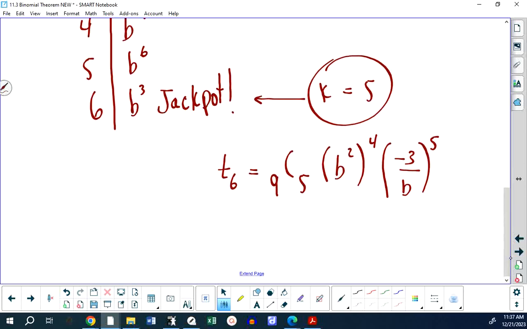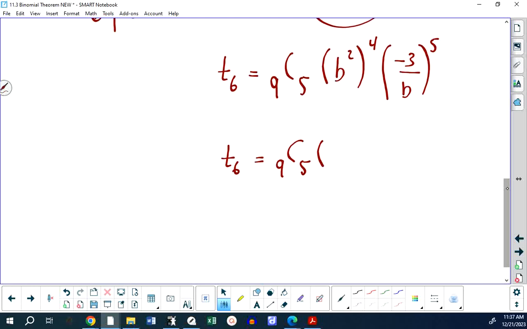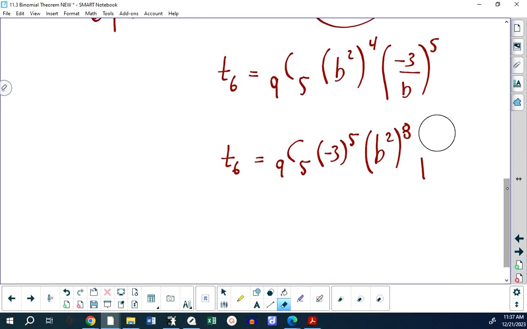If I separate out the numerical pieces of this, it's 9 choose 5, it's negative 3 raised to the 5, and I have a b squared to the 8 times a 1 over b raised to the 5. Not to the 8, to the 4.